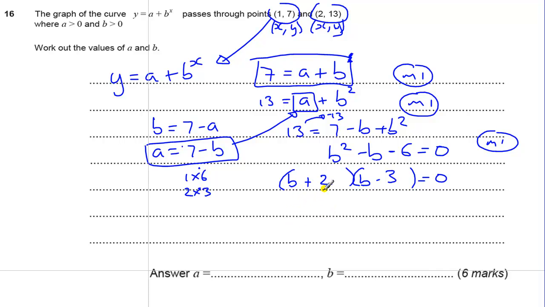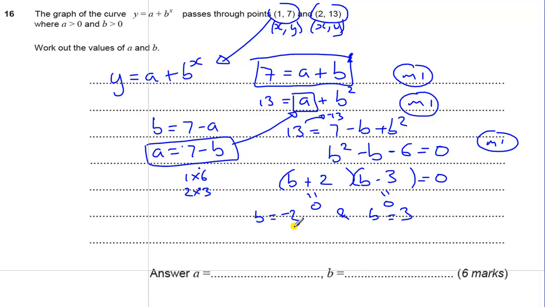So if this equals 0, that means these brackets are equal to 0, so that bracket equals 0 and that bracket equals 0. So what makes the first bracket 0? Well, that's minus 2. And what makes the second bracket 0? That's 3, take away 3 is 0, so b is 3.